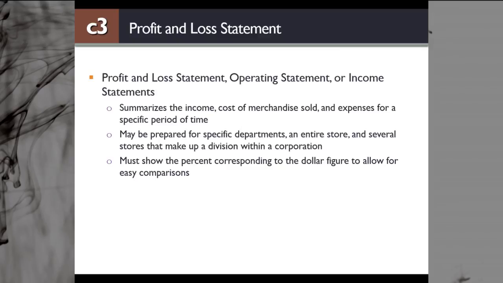Even though it seems like you have more dollar sales, because you spend too much on the expenses or merchandise purchases, maybe your actual profit percentage will be lower than when you make less sales. You got what I'm saying? So you have to show this percent corresponding to the dollar figure. And the next example will show you what I'm talking about.